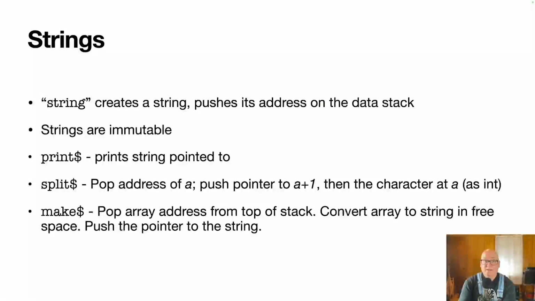Okay, and we'll make strings be immutable, and I think I'm just defining a handful of methods for it for now, but print $ is going to take the address that's pushed on the stack and call that as a string to print.